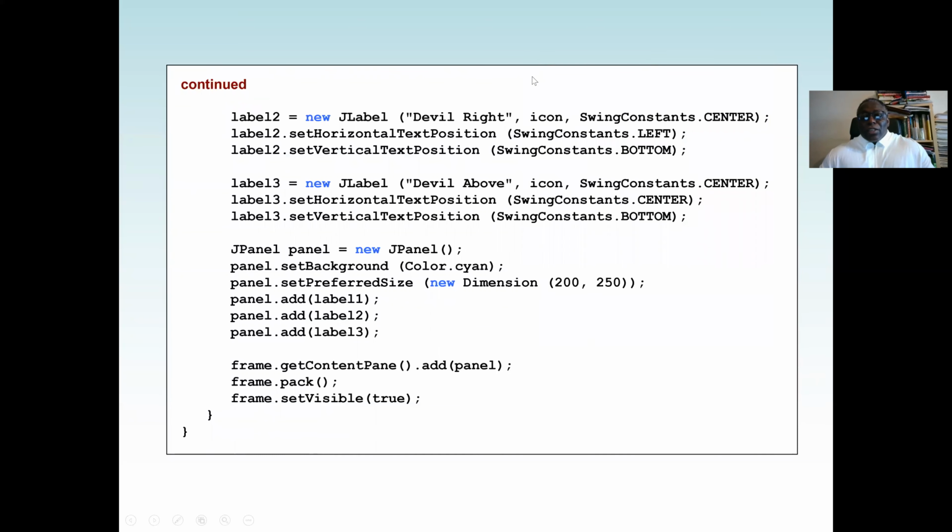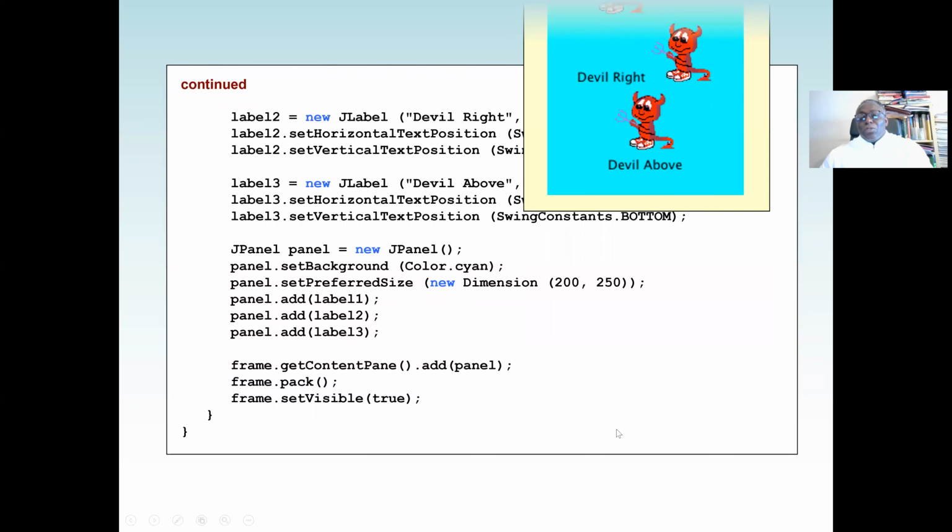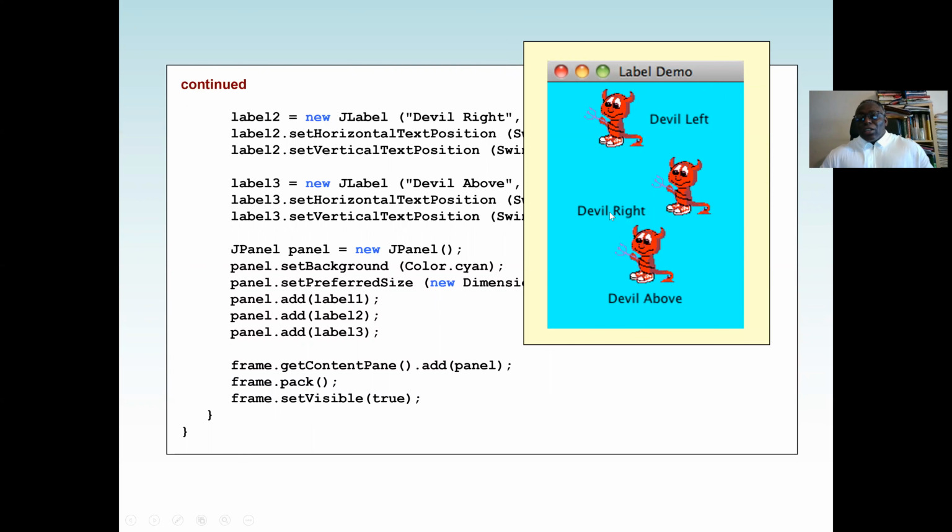You can see that for label 3 we set the horizontal text position to center, and also it will be on the bottom. Devil right for label 2 has the horizontal left and also bottom. So we can see the text is on the left of the image at the bottom. Here, center of the image at the bottom. Here it should be right of the image.